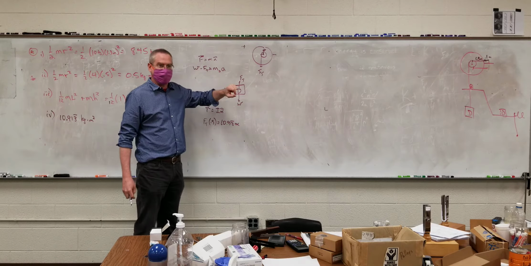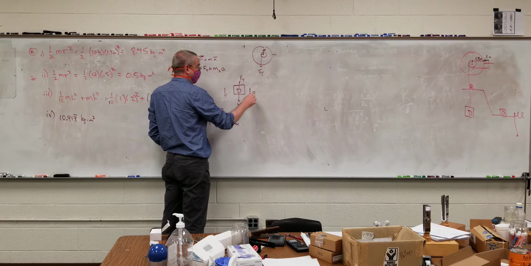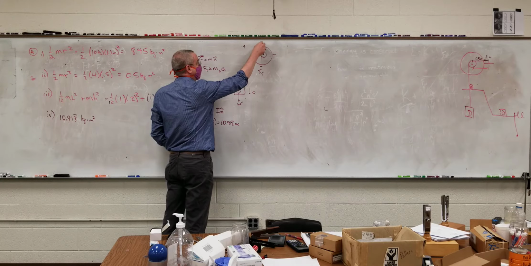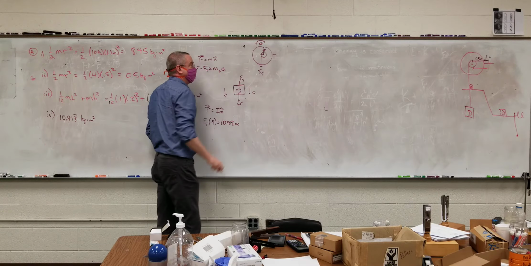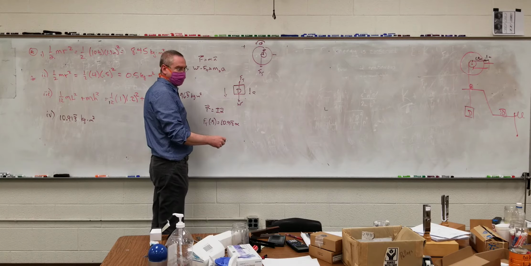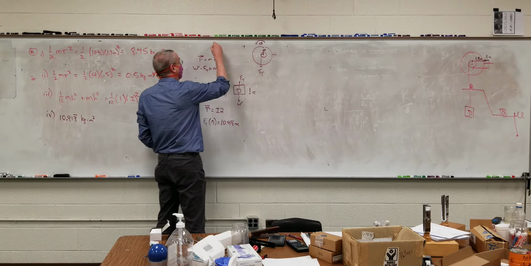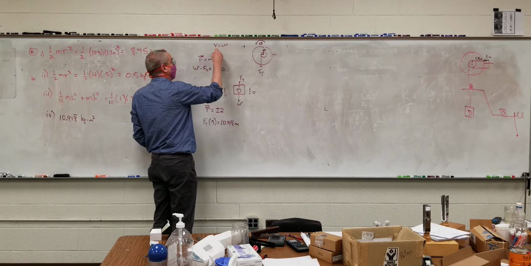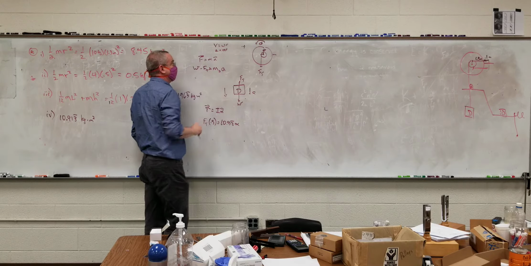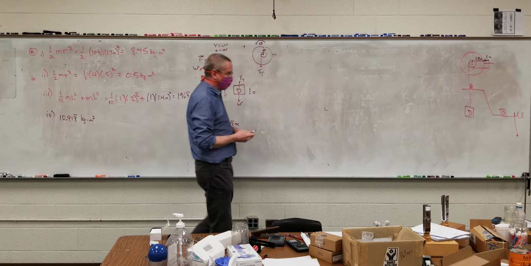Assuming that there's no slipping going on here, there's a relationship between the acceleration of d and the angular acceleration of the wheel. And so I know that v is equal to omega r, a is equal to alpha r. And so I'm working with my 2 equations here.